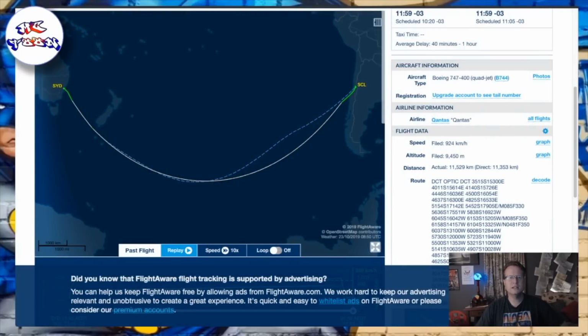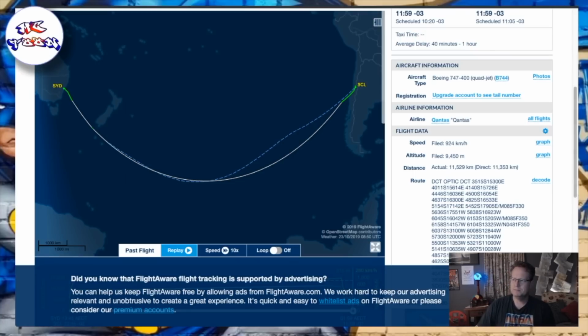Well, planes fly it. Every day there's a flight. You can see right here, this actual flight actually took 11,529 kilometers. Sorry. That's 3,000 kilometers less than what this guy thought, according to his scientifically and practically correct map.